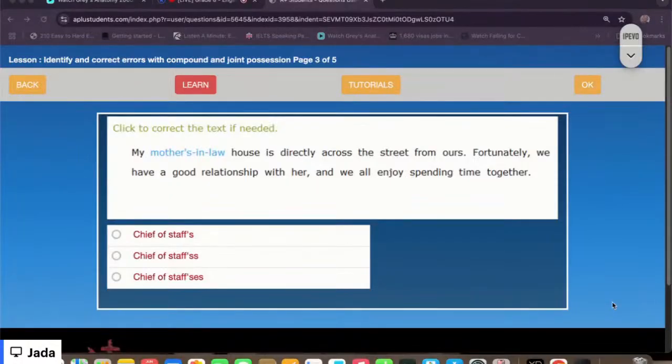My mother's in law house is directly across the street from ours. Fortunately, we have a good relationship with her. We all enjoy spending time together. First, second, or third?